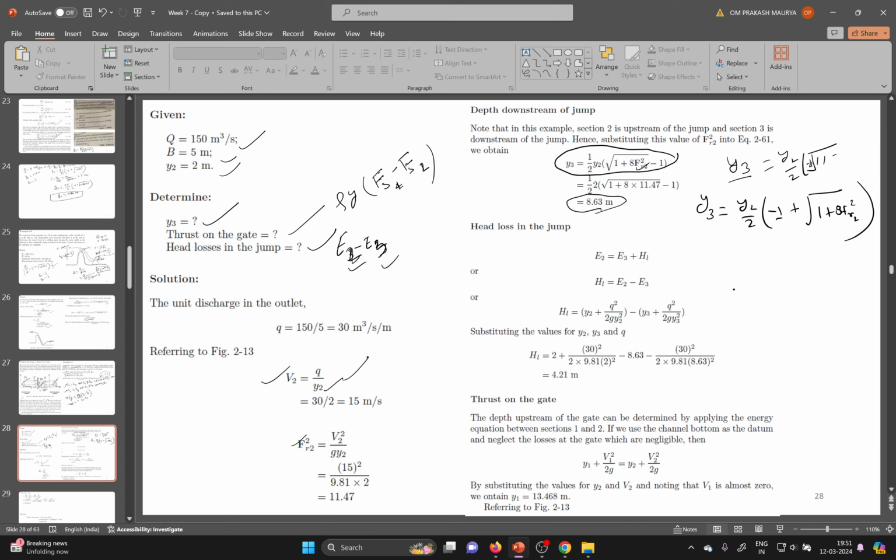If we draw the figure, here is y2, here is y3, here is y1.